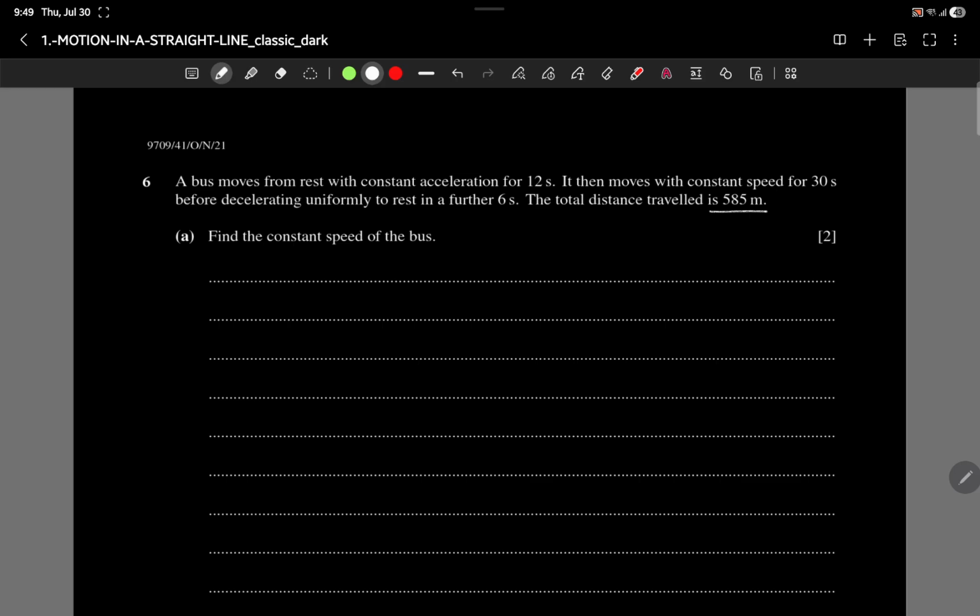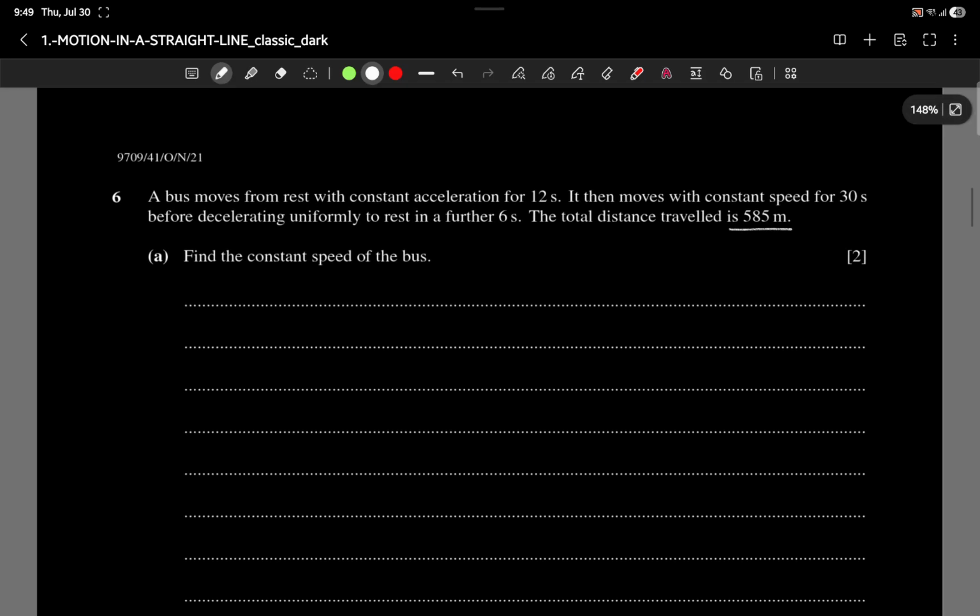Okay, so let's draw a rough sketch. So it starts from rest, okay, moves with constant speed, and then decelerates uniformly. Great.